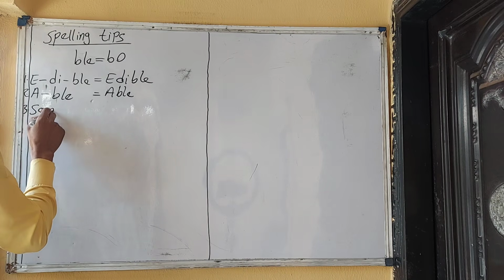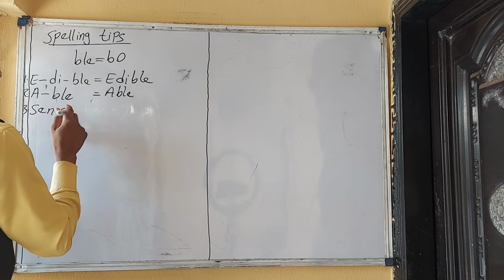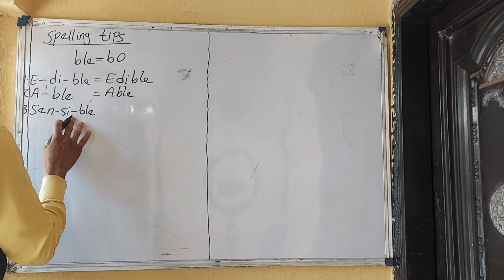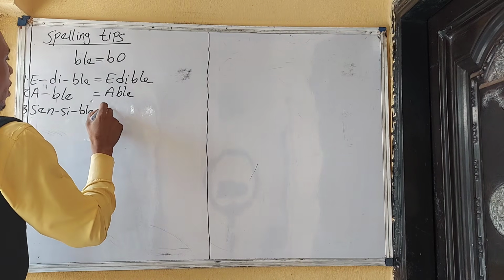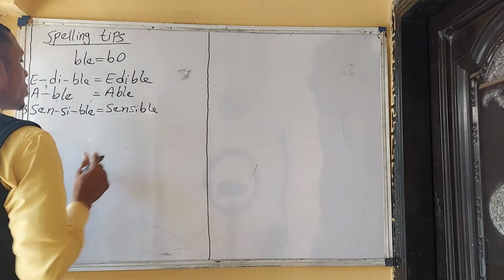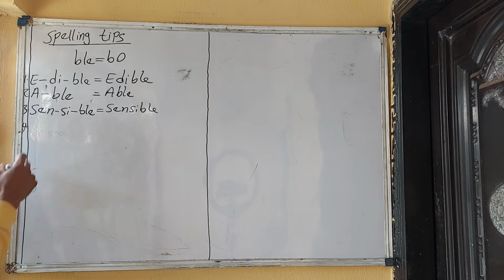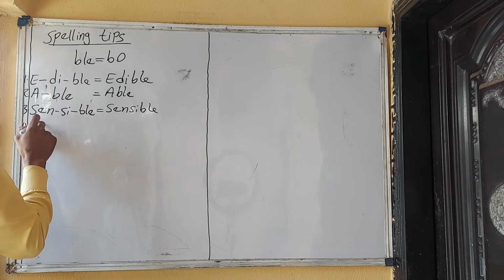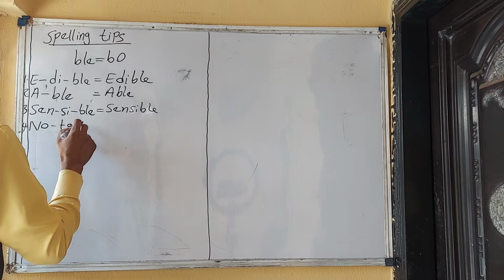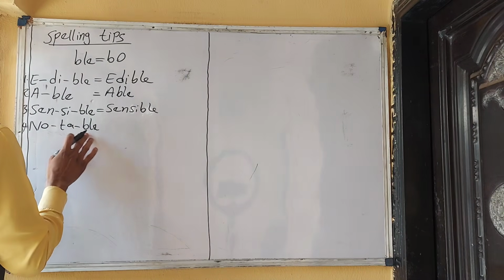Next we have sen, si, bold. Sen, si, bold. Sensible. Next, we have no, te, bold.